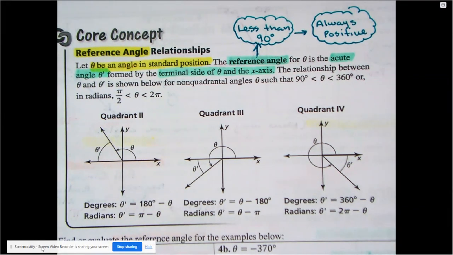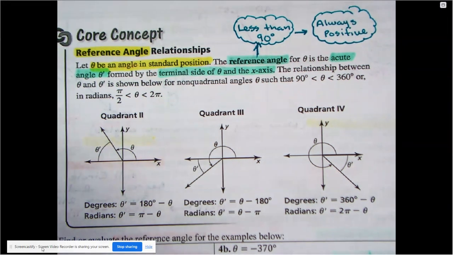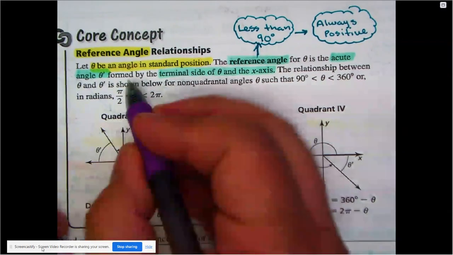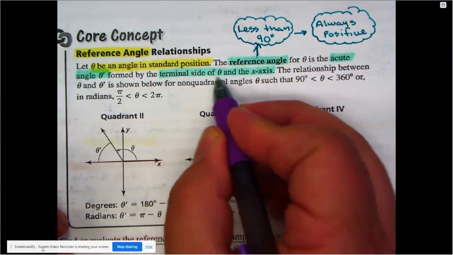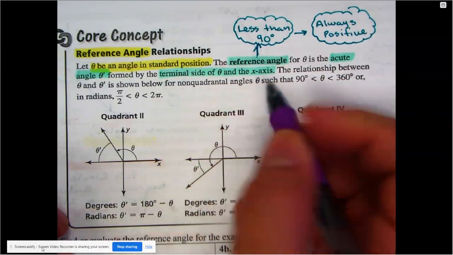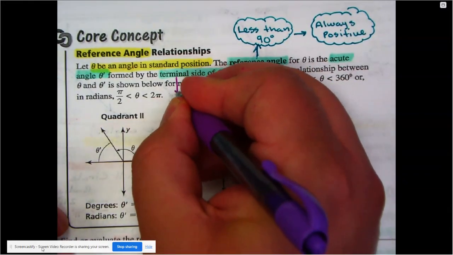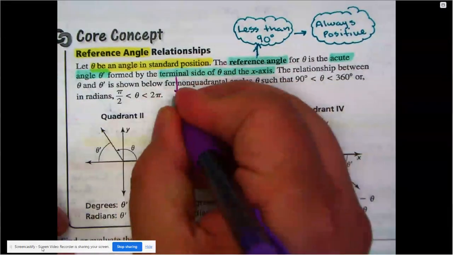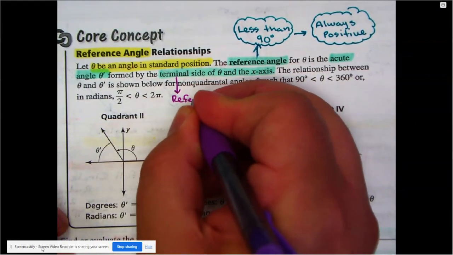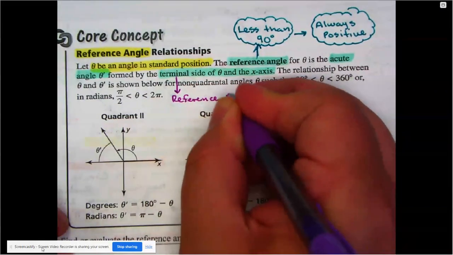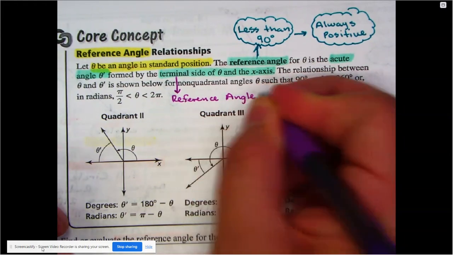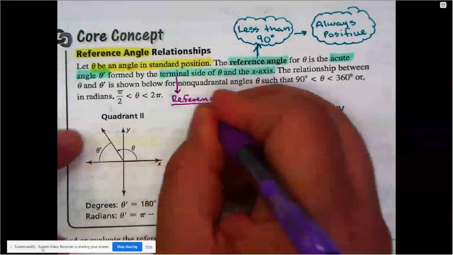Now, they also mentioned one more thing. And down here, we can write it down here at the bottom. They said it is formed by the terminal side of theta and the x-axis. So here's the other big note that we need to mention. The reference angle, think of it this way.